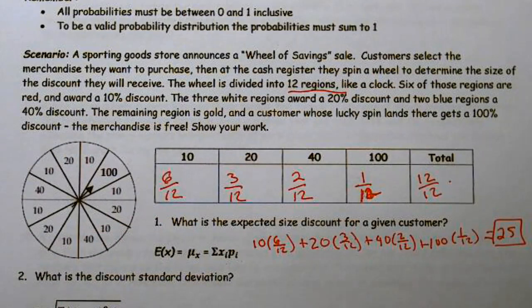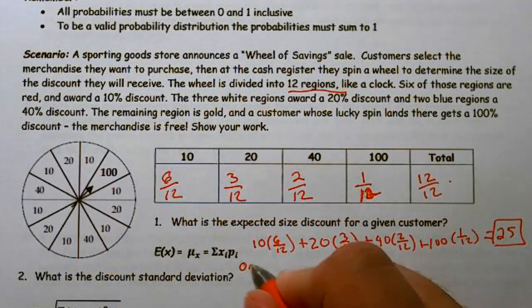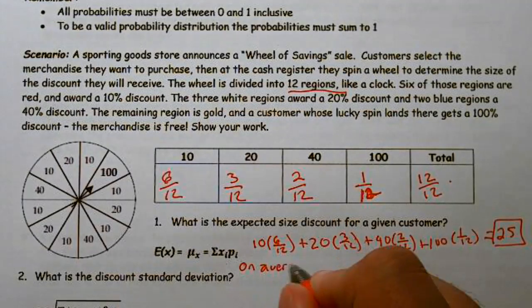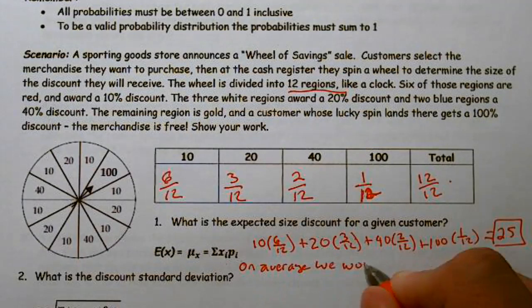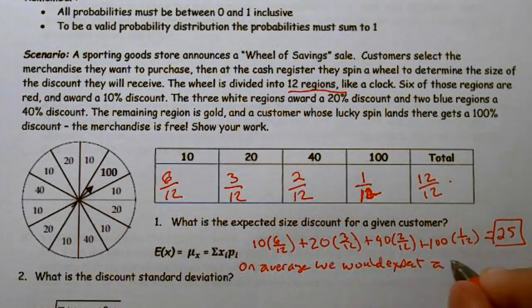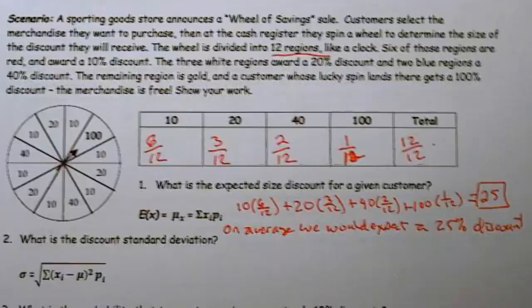That's my answer. And so we would need to write, on average, we would expect a 25% discount. All right. And that's the way you would write it out.